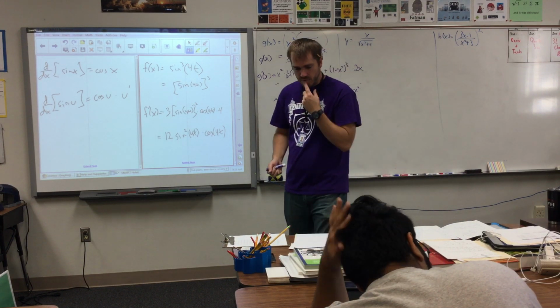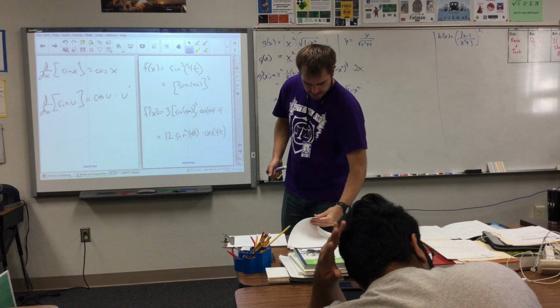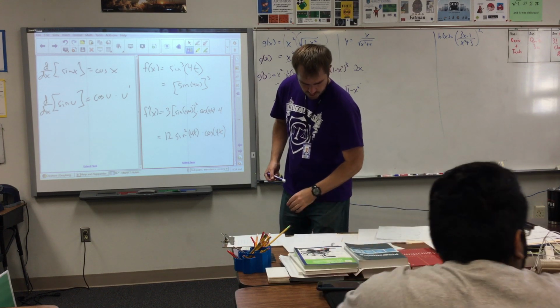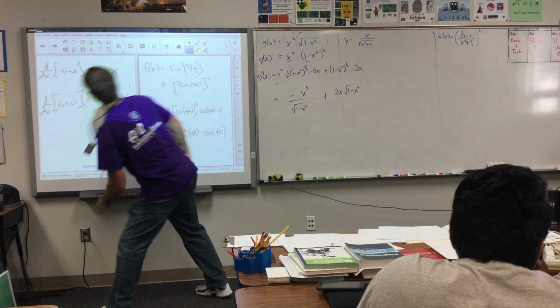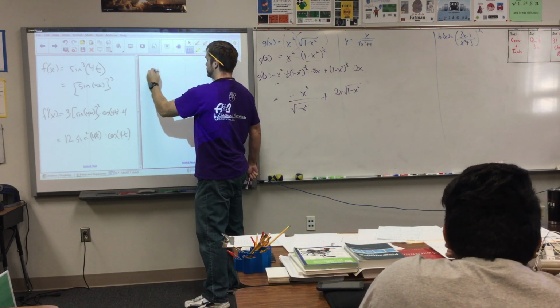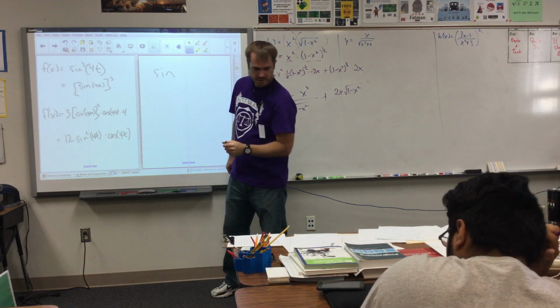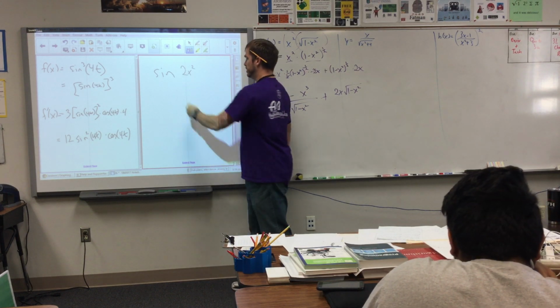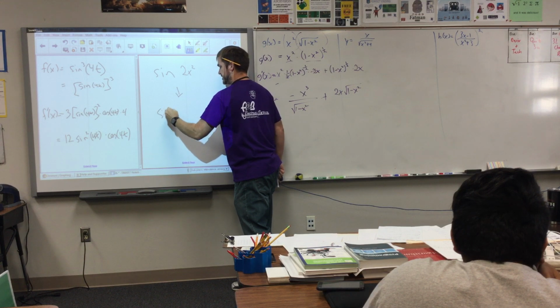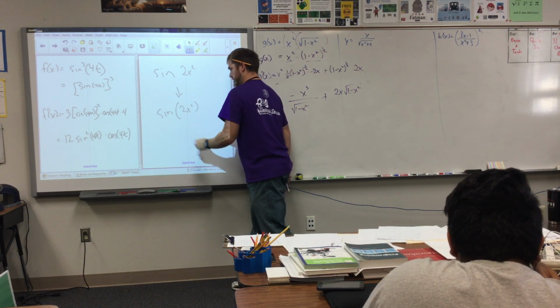For homework, there's one more thing I want to highlight because this is on your homework. Just a trig thing, notation wise. In one of your problems, it's going to say sine of 2x squared. What that means is the sine of 2x squared.